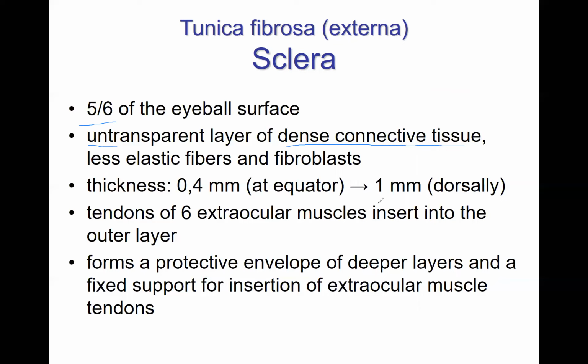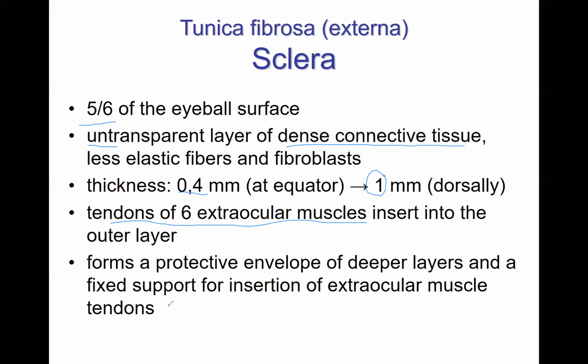You should know the thickness concerning the surgical approaches, and the thickness is 1 millimeter dorsally, 0.5 millimeter in the middle at the level of equator. So it's very thin. As it's connective tissue, the tendons of extraocular muscles insert, of course, there.